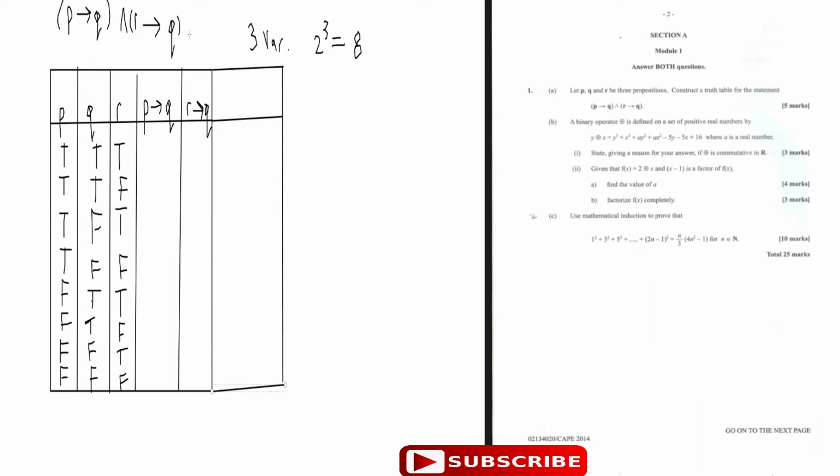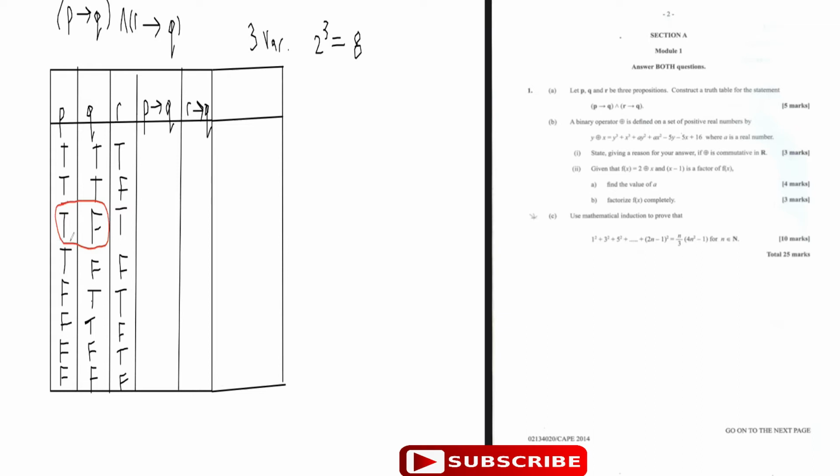Now P implies Q, let's put the results in red. P implies Q, the only time it's going to be false is when P is true but Q is false. So you're going to look for when P is true but Q is false. That's right here. P is true and Q is false.